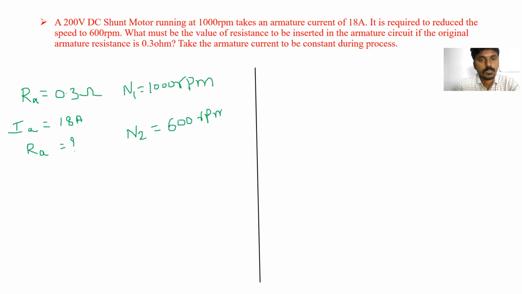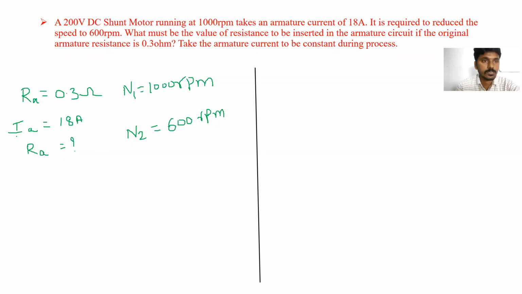So if the armature resistance is 0.3, the speed of the motor is 1000. If this speed is to be decreased to 600 rpm, how much resistance do we have to add in the circuit? This is the question. Clear?